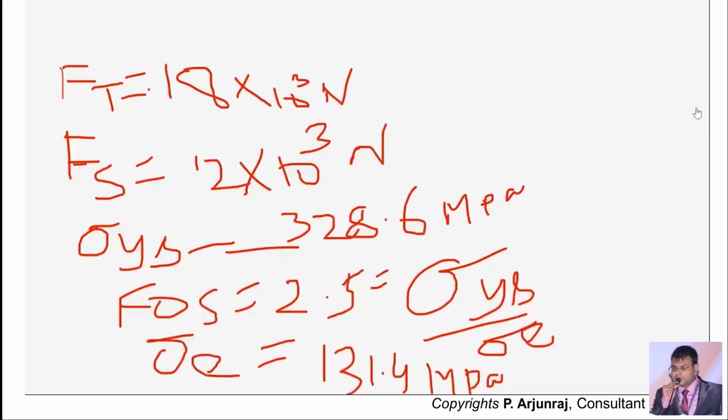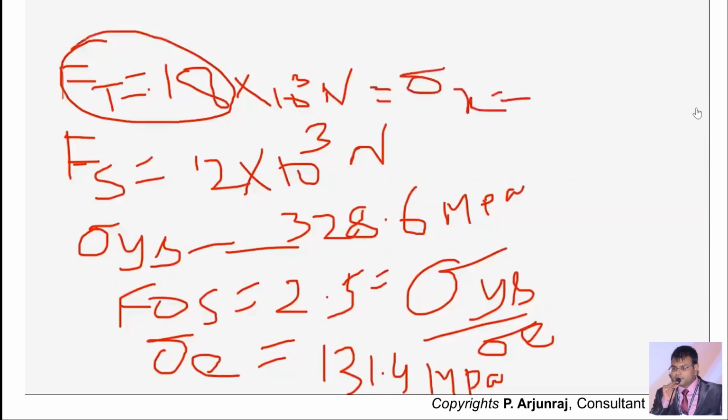Now again, the stress is nothing but force or load by area. So this is nothing but sigma x, the tensile load. They given the sigma x value. So sigma x is nothing but the load by area, or the force by area.